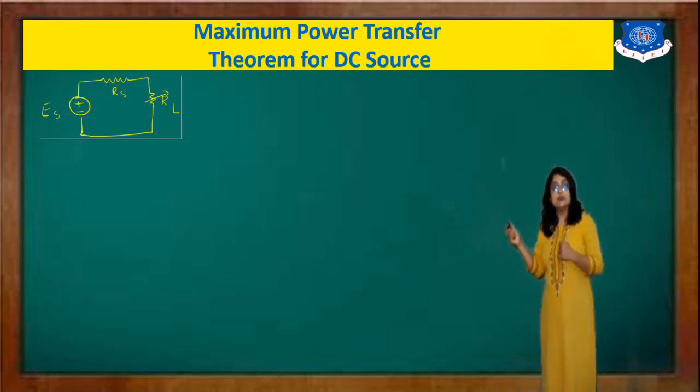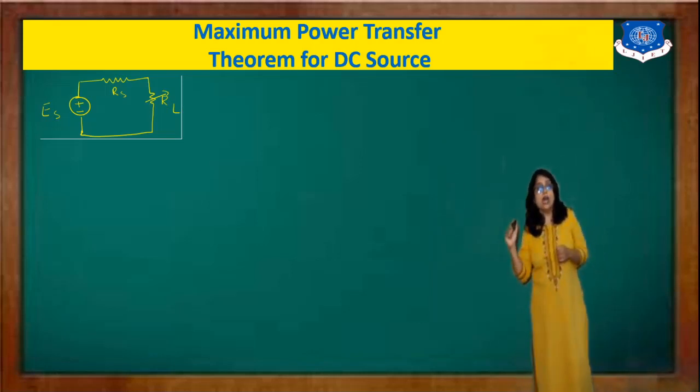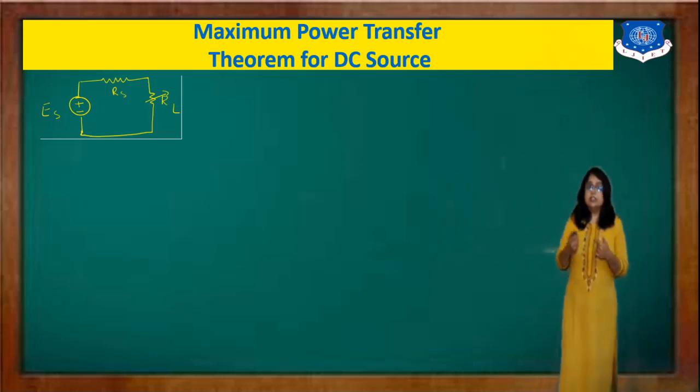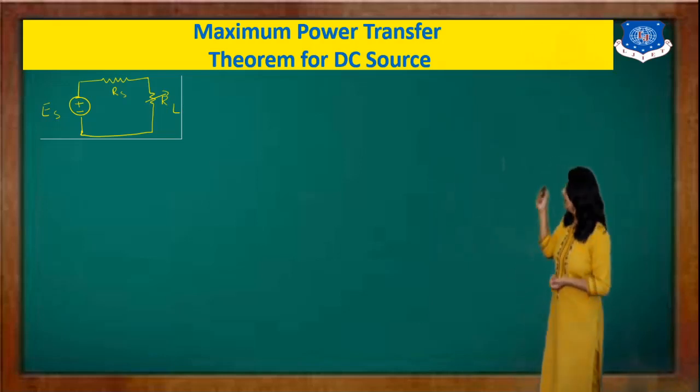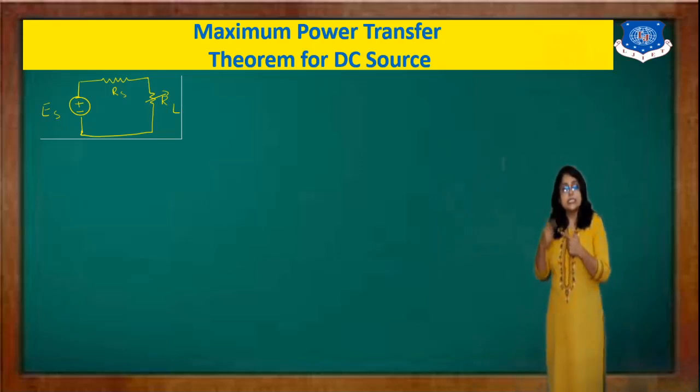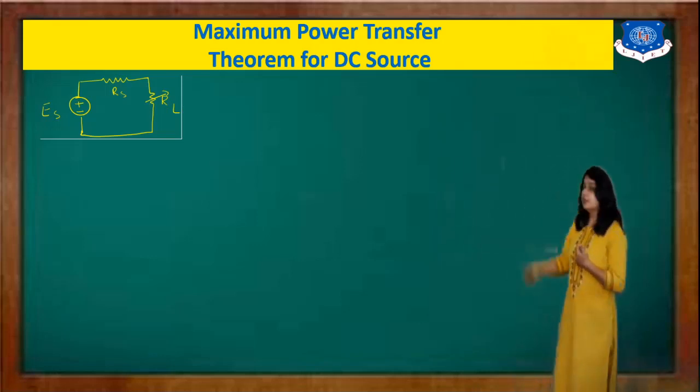Our aim is to find the value of RL in terms of ES and RS, because we are finding the value of RL for the maximum power transfer. The known values are ES and RS.